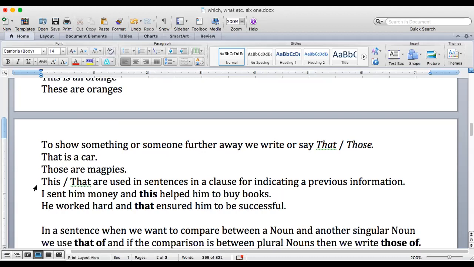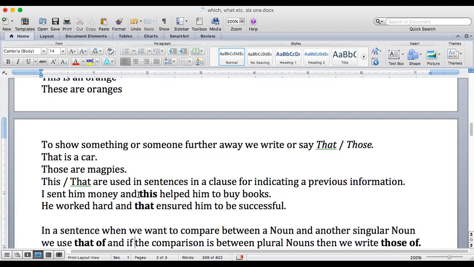Now here, this and that. What is the difference between this and that? These are used in a sentence, in a clause, for indicating previous information. Like: I sent him money and this helped him to buy books. What helped him? The money. So instead of money, we said this. That is used for indicating previous information. Previously, they said, I sent him money. What did he send? Money. And this helped him to buy books.